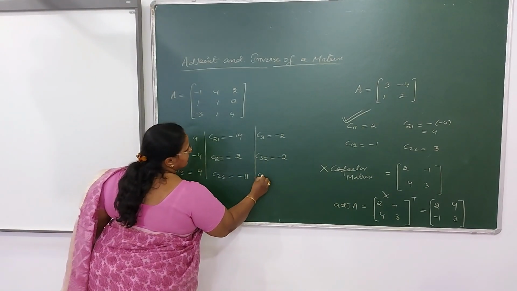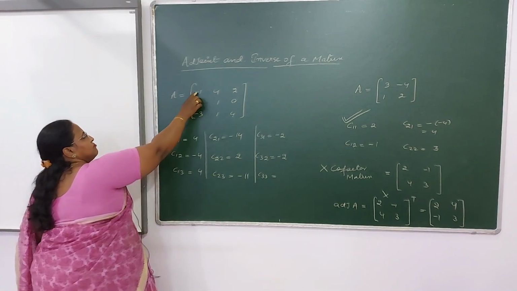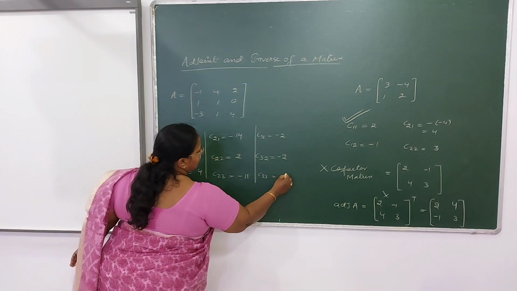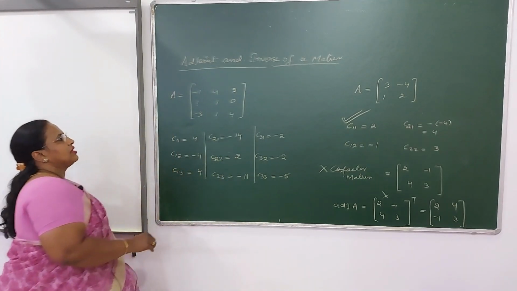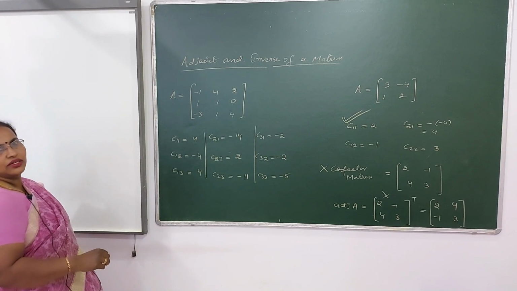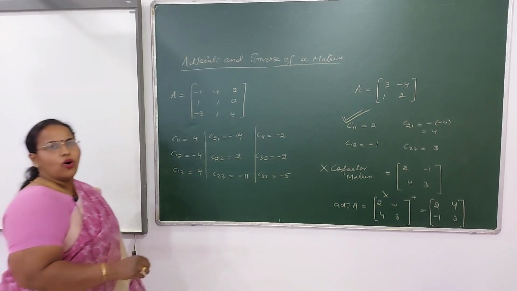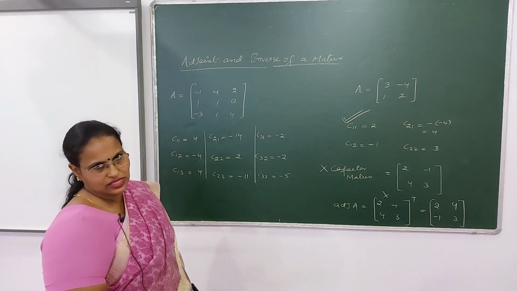Now C33, third row, third column. So it's minus 1 minus 4, it's minus 5. I hope children you are getting the things clear. Okay. So this way you can calculate all the cofactors.